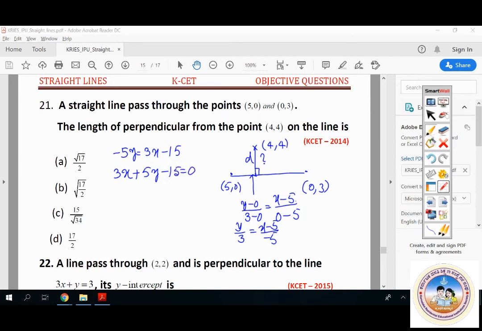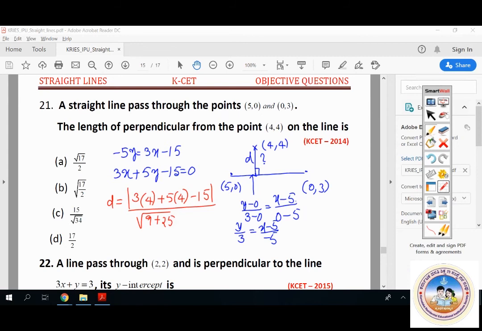Now you need to find the perpendicular distance of the point 4, 4 on this line. So now I will apply the distance formula, you will see clearly. Root of 9 plus 25, 34 should come. Let's see what comes. 3 into 4 plus 5 into 4 minus 15 divided by square root of 9 plus 25.